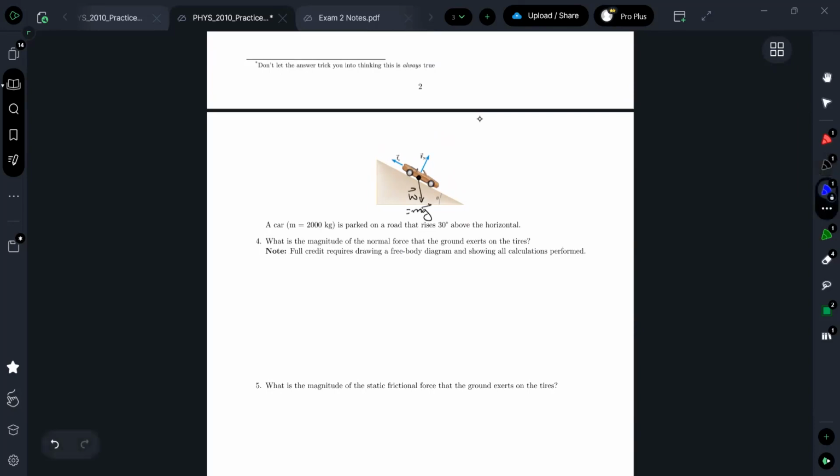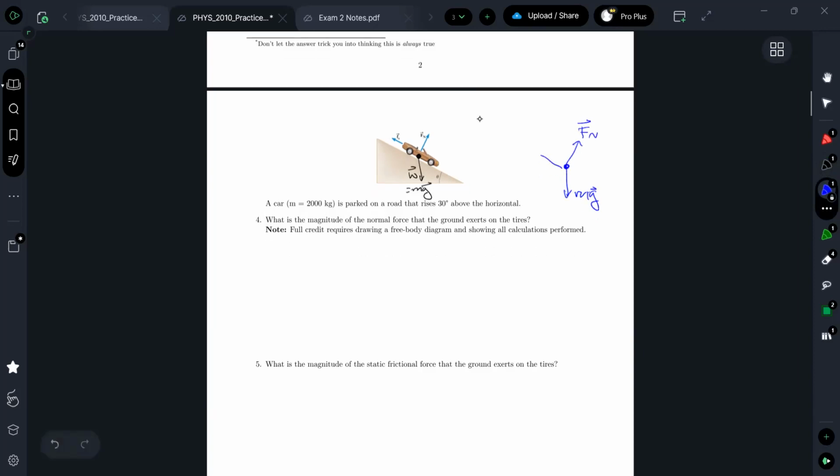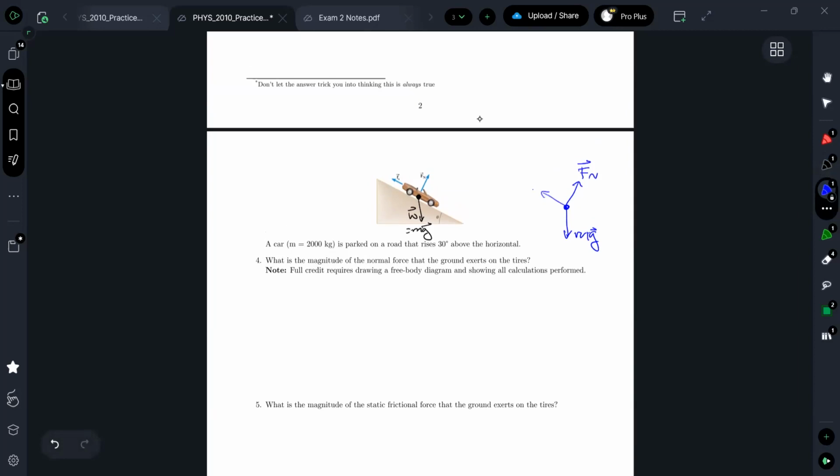I need to make a free body diagram. Those are my forces acting.